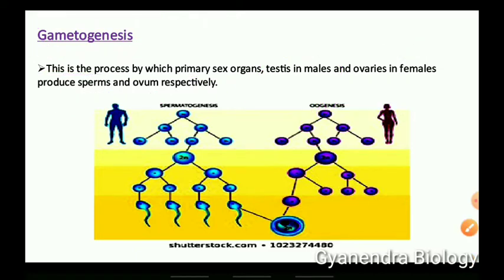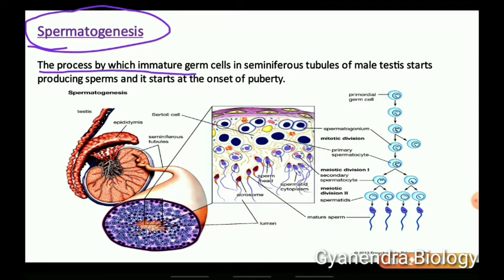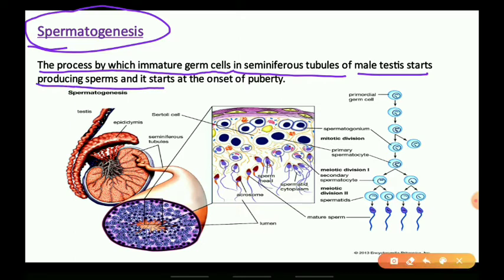Now, as you can see, spermatogenesis. This is the process by which immature germ cells, germinating cells in the seminiferous tubules of male testis, start producing sperms, and it starts at the onset of puberty.